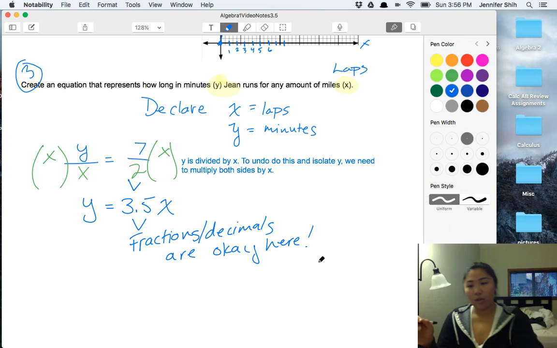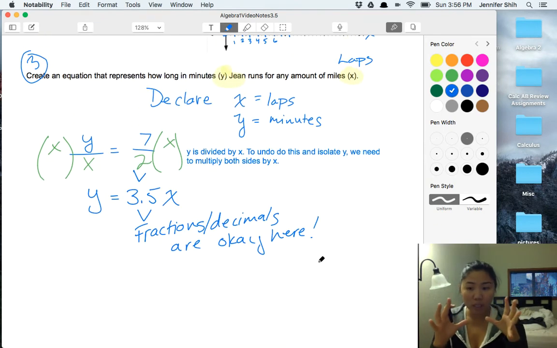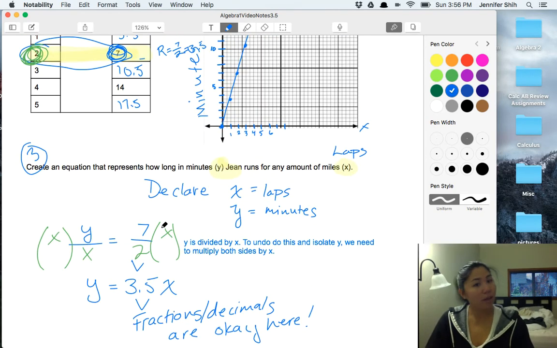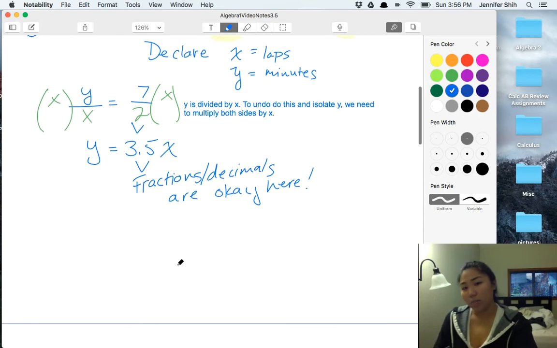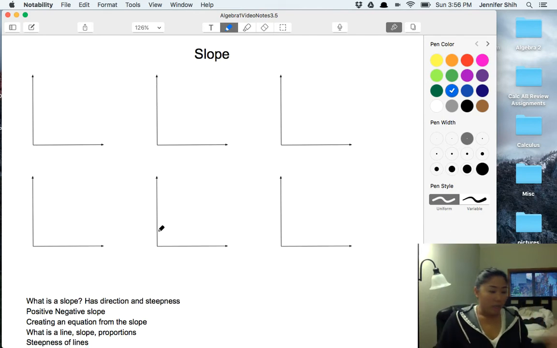So the next part of your notes is, this is actually a good time to write your summary, summarize the 3 ways that we represent the information here. There's a table, a graph, and an equation. And then you can move on to maybe your next page, because we are going to talk about slope. On a new piece of paper or a new page in your notebook, we're going to talk about slope.